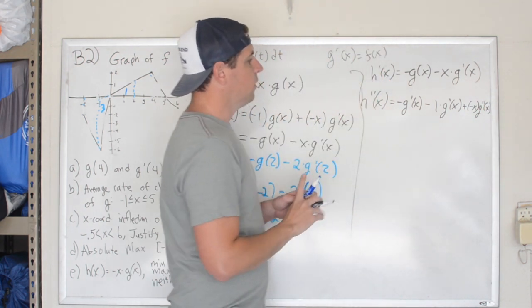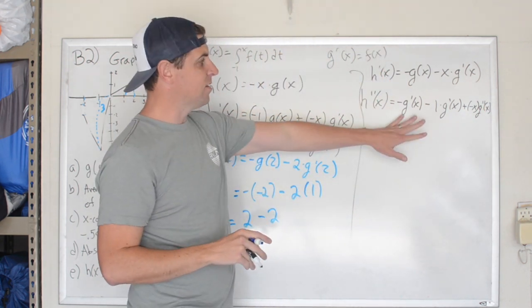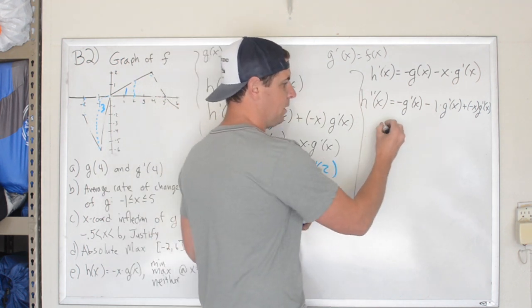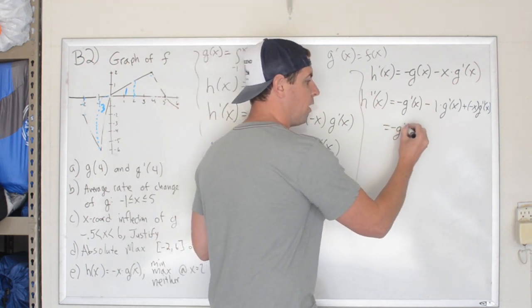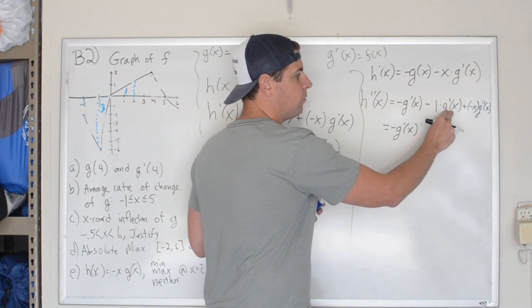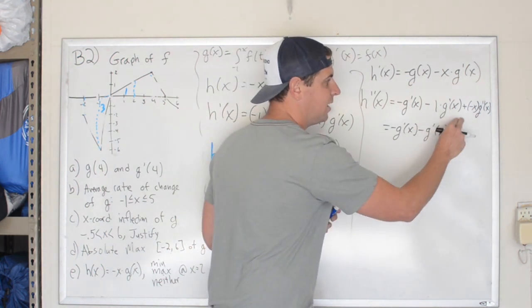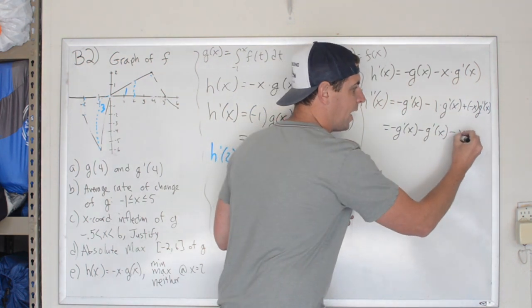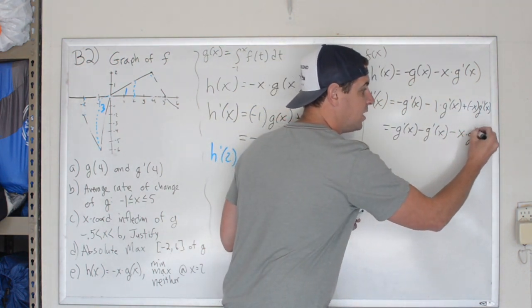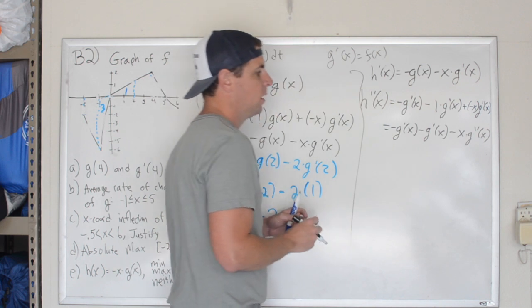Okay. So now my goal is to clean this up a little bit. That's going to be negative g prime of x, and then negative 1 times g of x, g prime of x is negative g prime of x again, and then this will be negative x times g double prime of x.